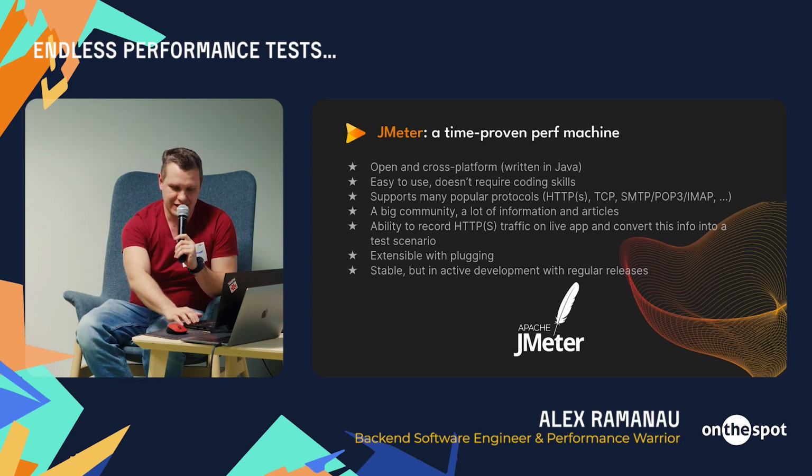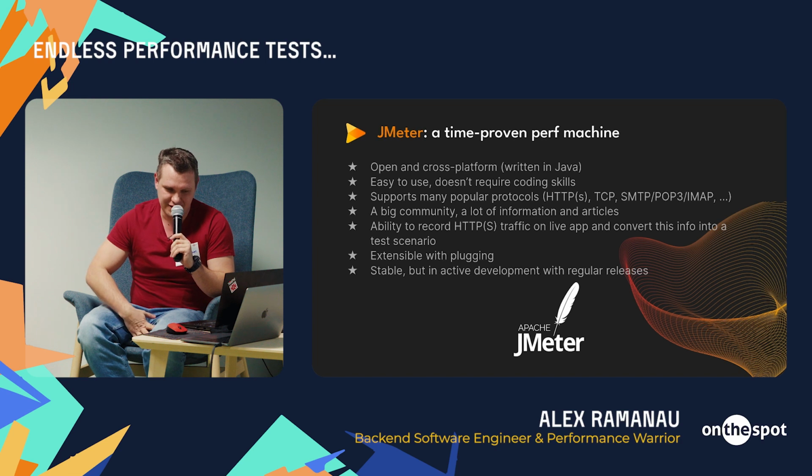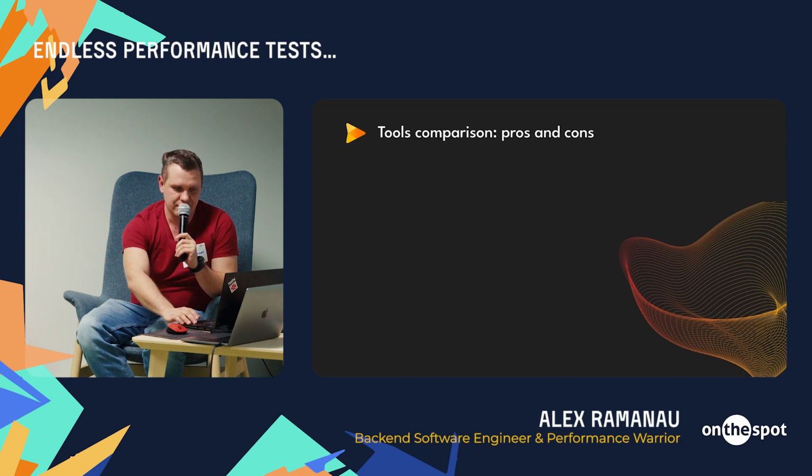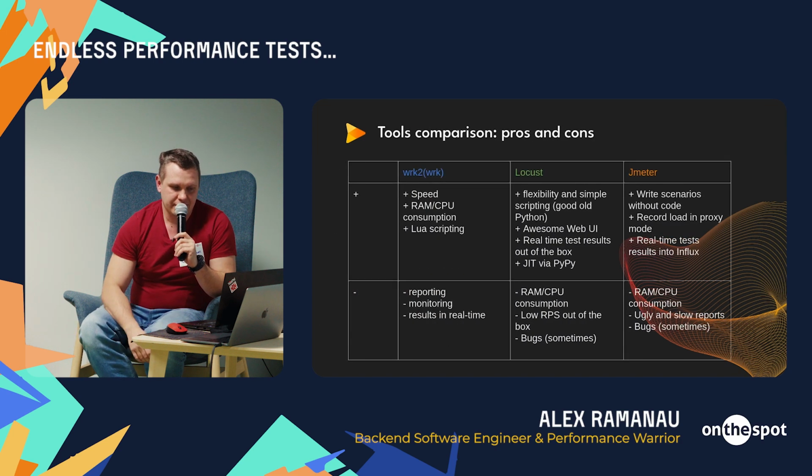It's especially good for legacy web applications with lots of scenarios that are difficult to code. It's very stable and actively developed with regular fixes. But it uses quite a lot of resources. And here is a comparison slide. If you need light speed, please choose Wrk2. It's good for developers, but QA engineers also may use it.